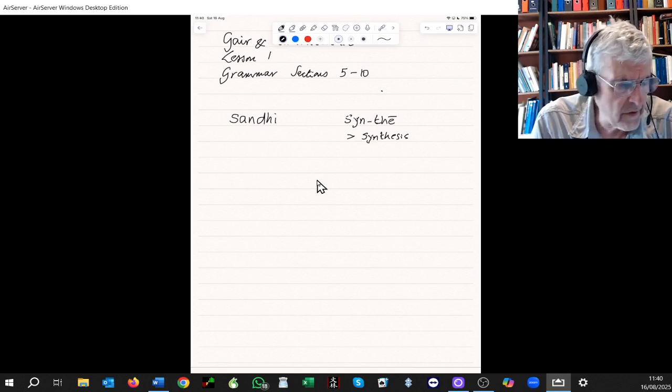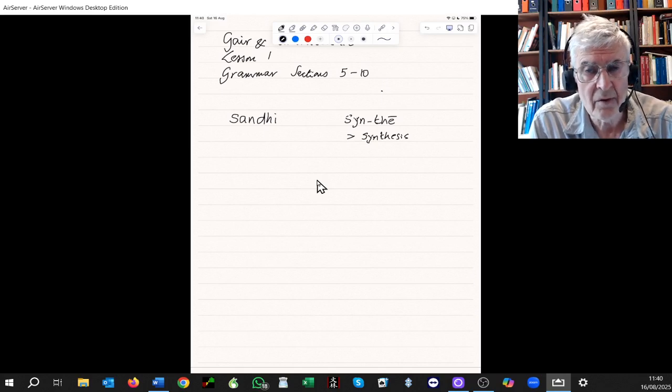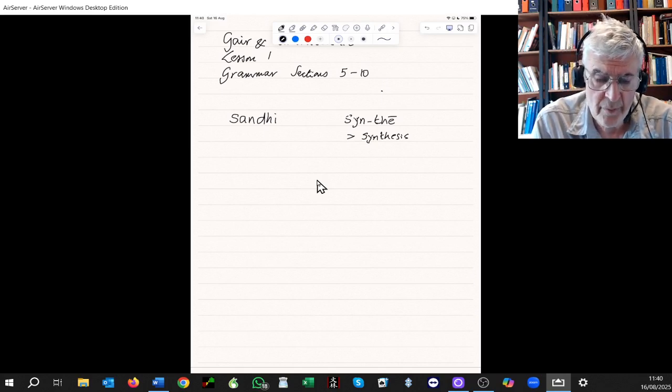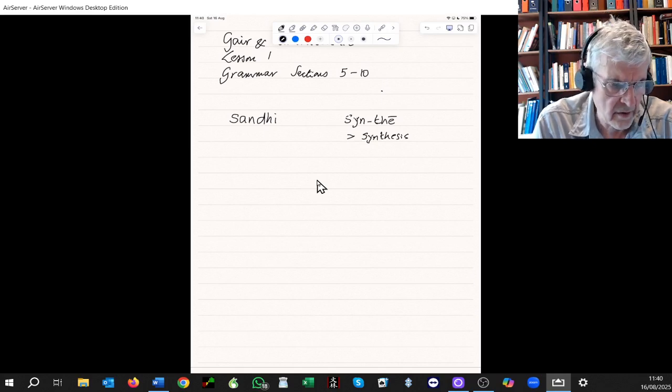In English, for example, we have quite a bit of sandhi, with the difference that whereas in Sanskrit and Pali the alterations caused by sandhi are reflected in writing, in English they're generally not reflected in writing.